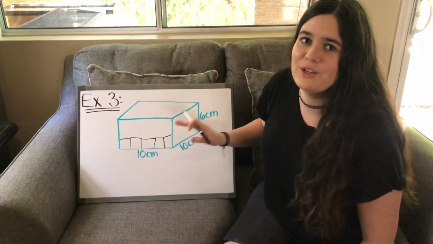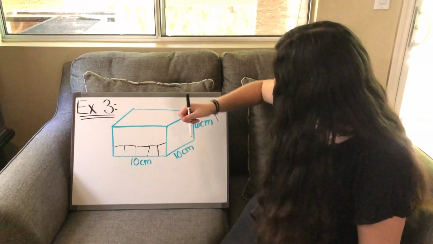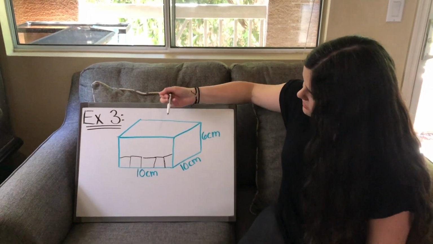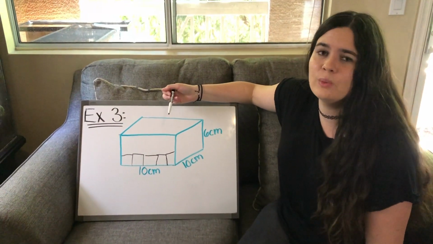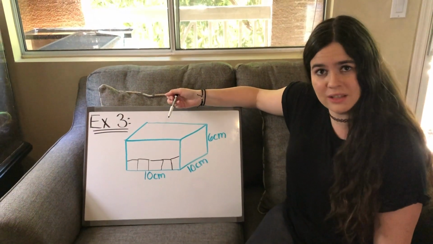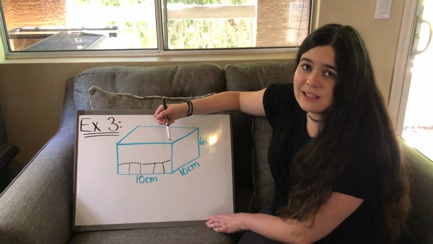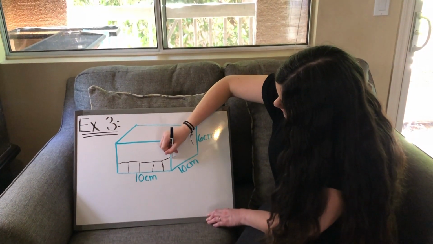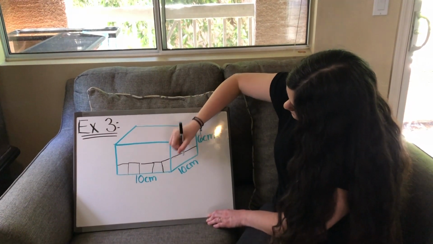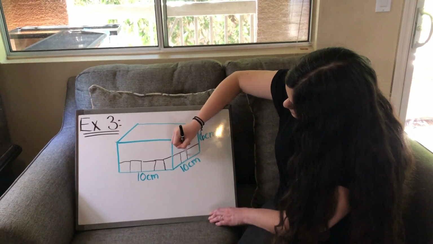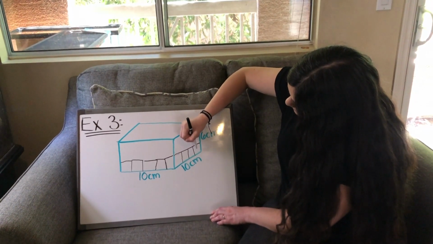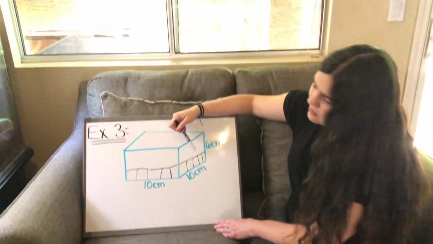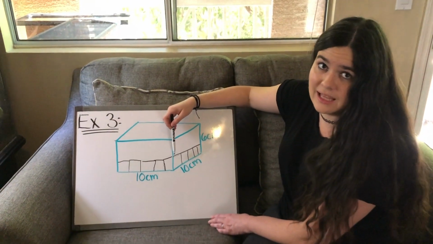And we're going to pretend that I drew those well, okay? Now, along this length, we have 10 centimeters as well. So how many cubes could we lay down in that direction? We could lay down 5 in this direction as well. So I'm going to go ahead and try to draw those in here. 1, 2, 3, 4, 5. So we can fit 5 2 centimeter cubes along this length.